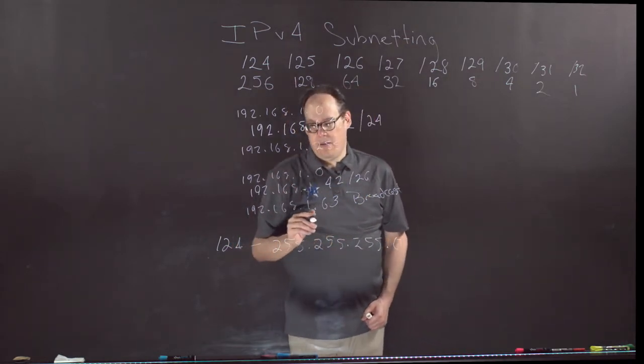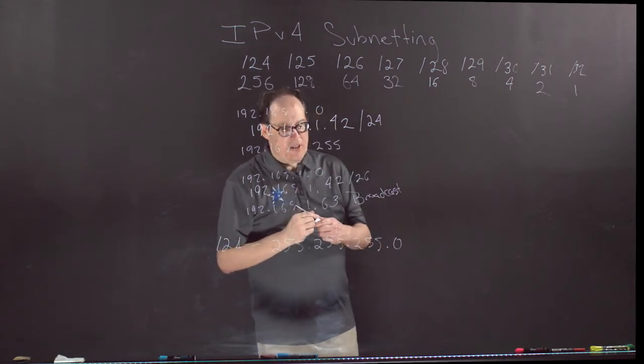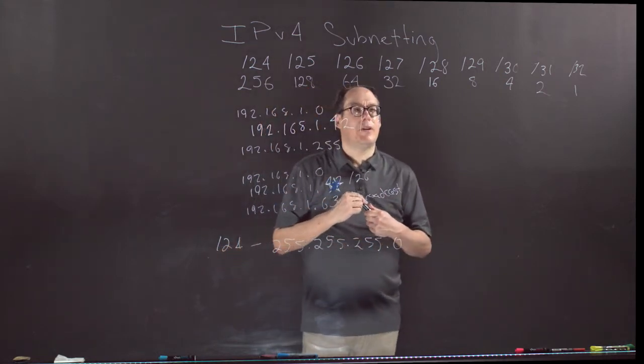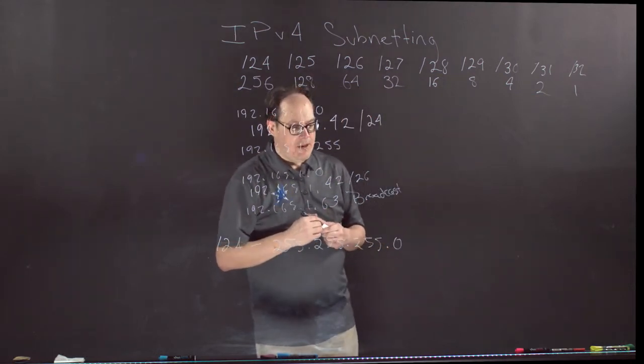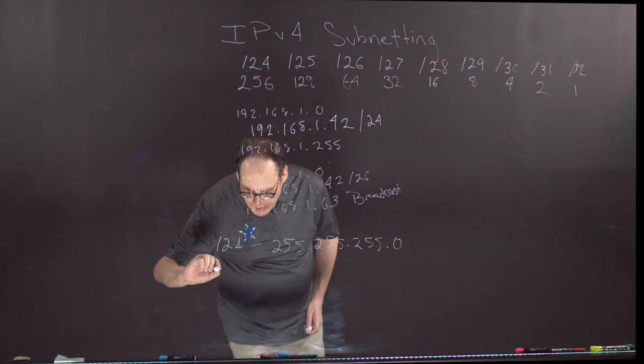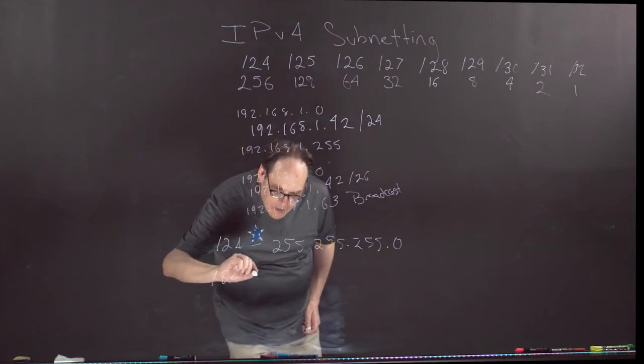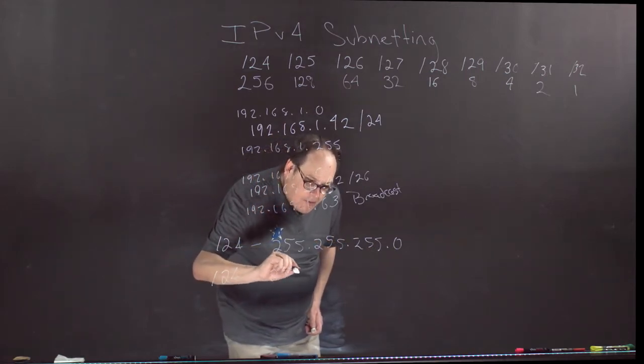When I begin to look at smaller and smaller networks, my subnet mask is going to change based on the number of hosts that are available.